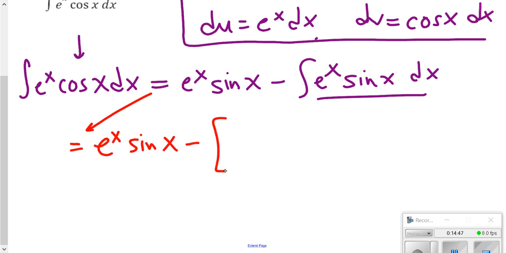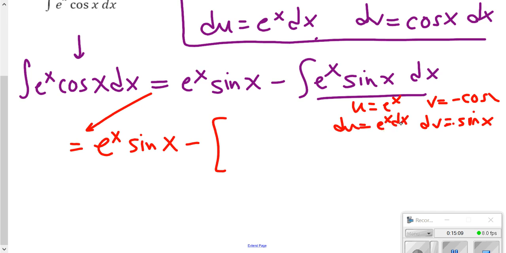And the result that I'm going to put in the next phase of the problem is what I'm going to get if I let u equal e to the x and dv equal sine of x. If that's true, v is the opposite of cosine. And the derivative of u is still e to the x. Okay, so right in here, I would have u times v.